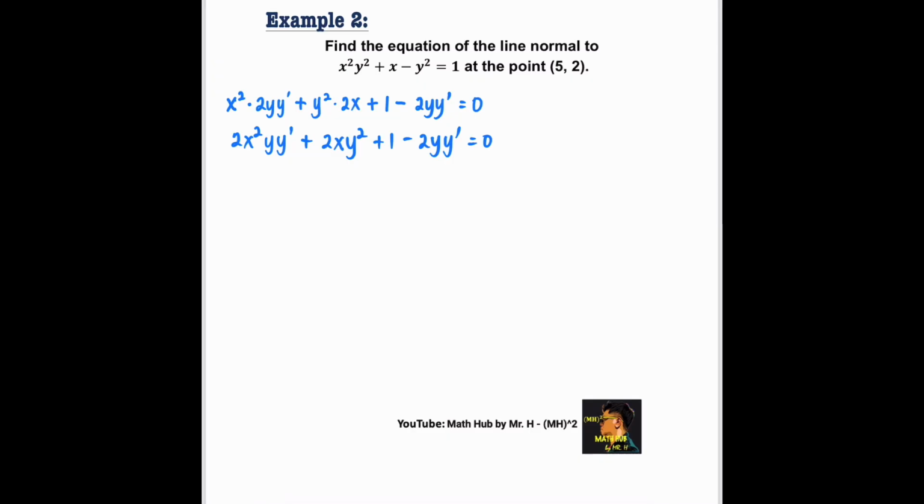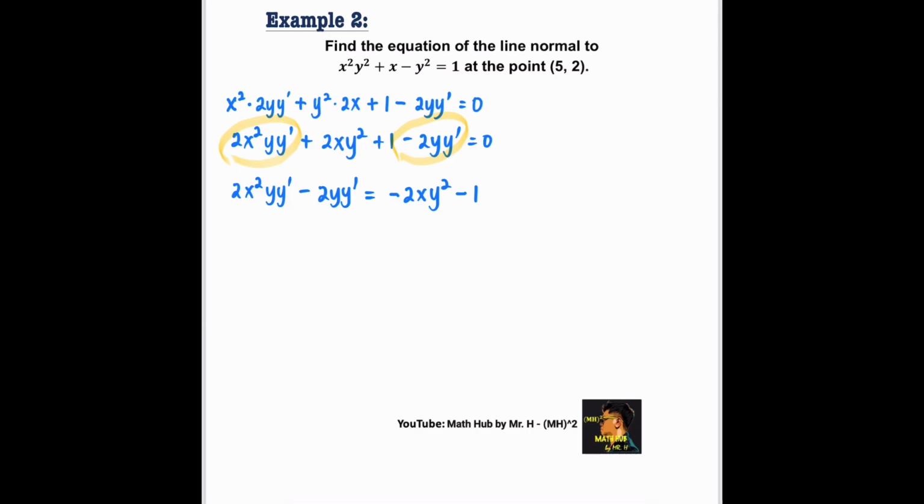All right, so in order for us to find the derivative, the y prime, we need to put together the terms with y prime on one side of the equation, and the rest that do not have it will be on the other side. So that means we're looking at this and this term. So we just copy it. The other two terms that do not have y prime, we move to the right hand side.